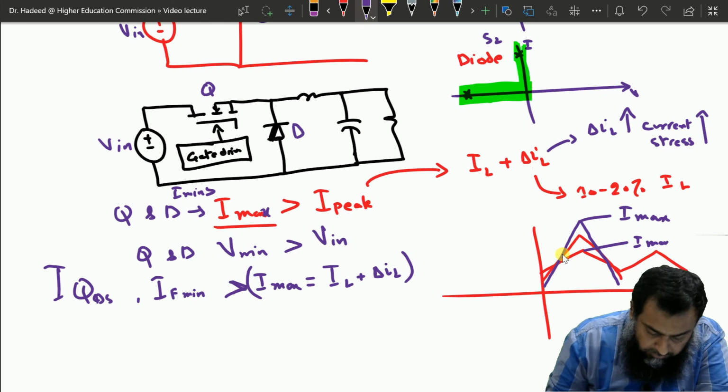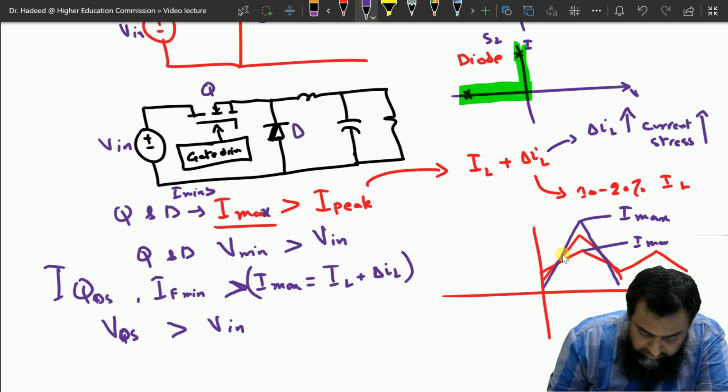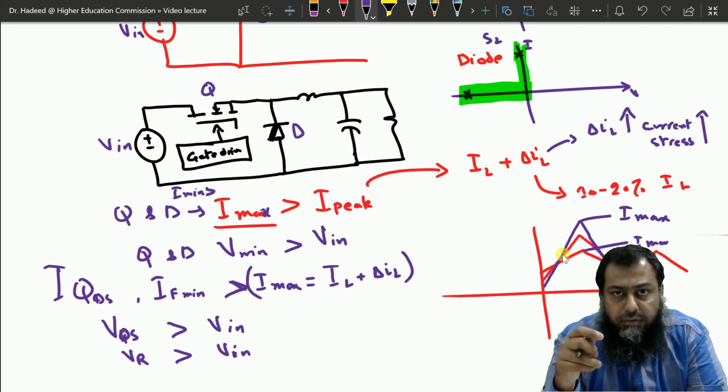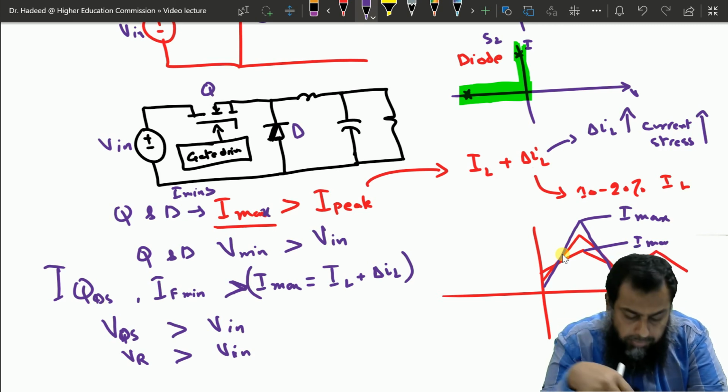And similarly for the voltage, the VQS or VDS should be greater than this V input, and so should this VR be greater than the input voltage V in. So we do not have excessive voltage stress on these two particular switches.